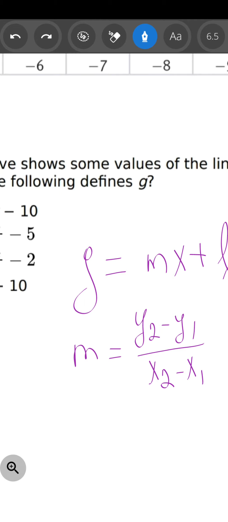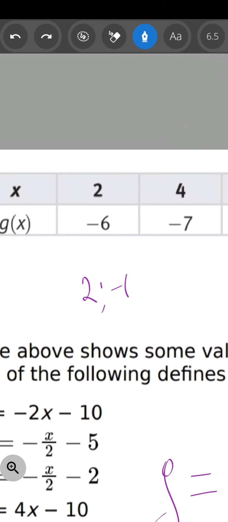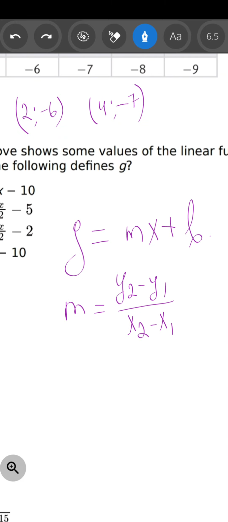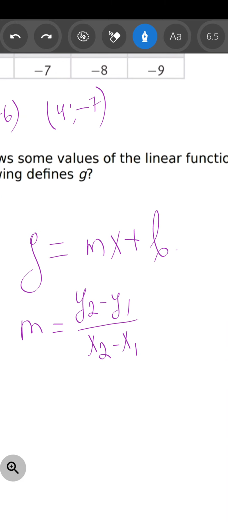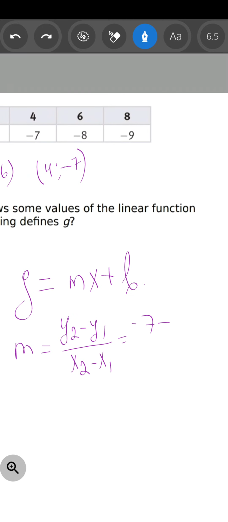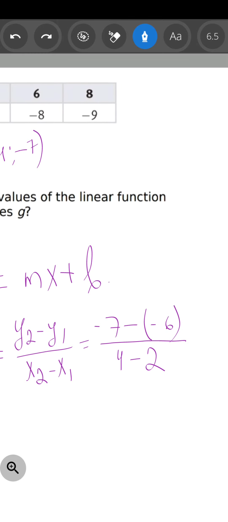Let's use the coordinates of two given points, (2, -6) and (4, -7), and find the value of the slope of this straight line. It will be -7 minus -6 over 4 minus 2.